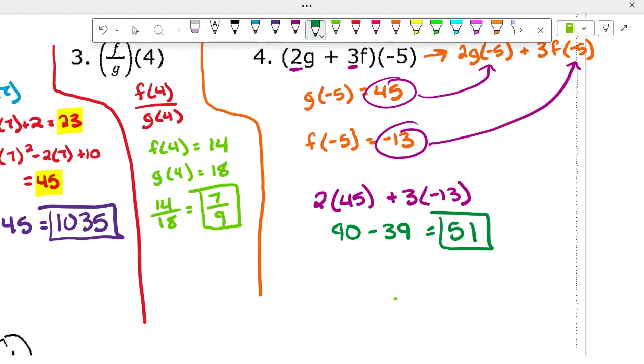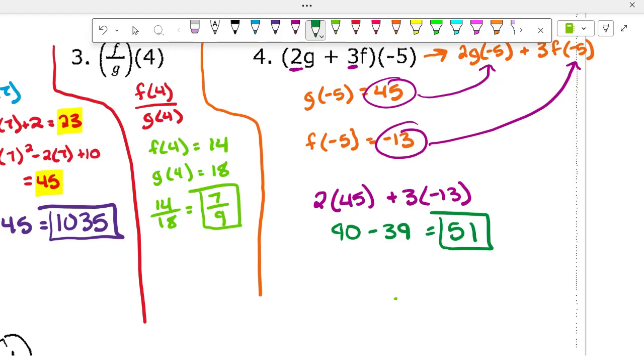So for example, for the one we just did, after we evaluate, we multiply whatever we got for g times 2. We multiply whatever we got for f times 3. And then we add them. All right, because that's PEMDAS. You do multiplication first, then you would do the addition. All right. For the one we did previously, once we got our 2 answers, we divided them. And if it's not a pretty number, just simplify the fraction.